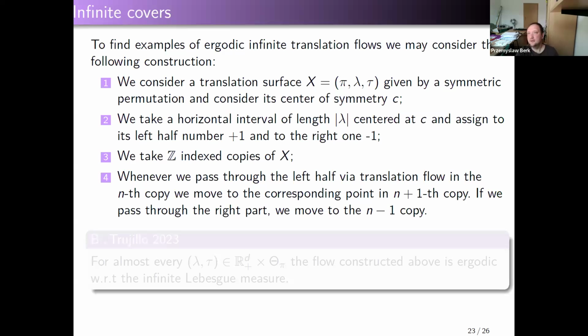Whenever we pass through the left half of our interval, we go to the copy with the index 1 larger. Whenever we pass through the right half, we go to the copy with the index 1 smaller.